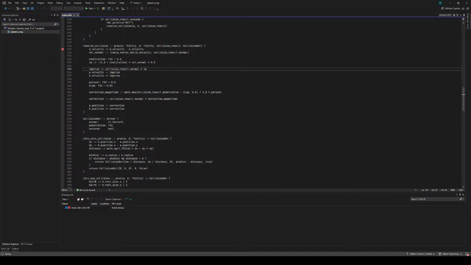If hit, resolve collision. If not hit, don't resolve collision. Yeah, I knew it. Collision normal, right?